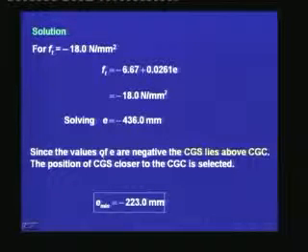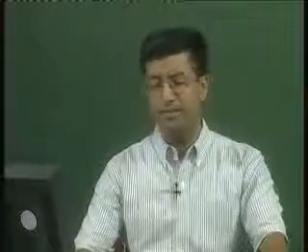Since the values of E are negative, the CGS can lie above CGC. The position of CGS closer to the CGC is selected. Thus, out of the two values, whichever is numerically smaller, we are selecting that value, and E minimum is equal to minus 223 millimeters, and here the CGS can lie above CGC.